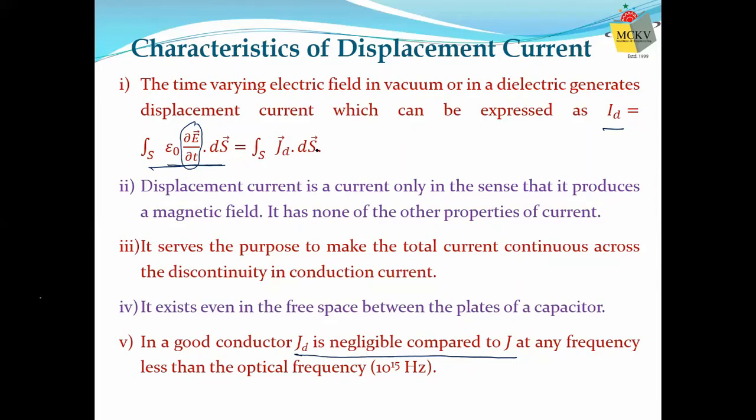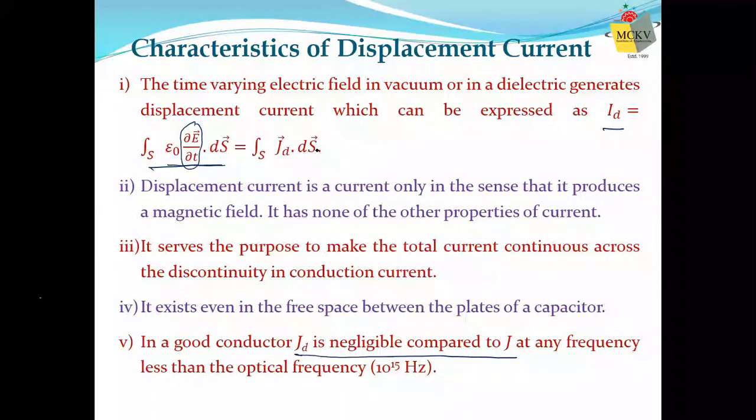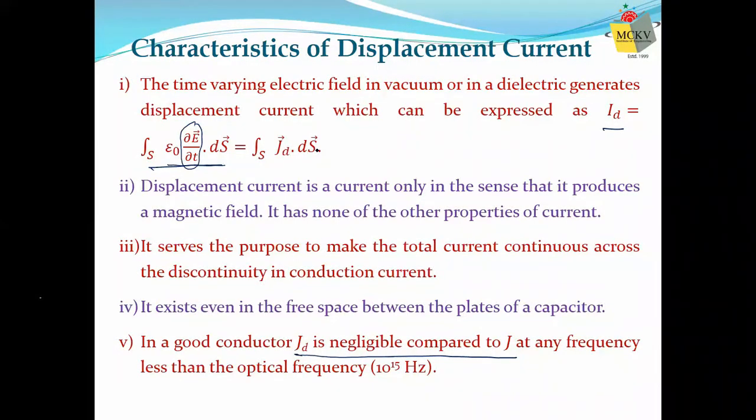That's why the scientists before Maxwell couldn't estimate it experimentally. Maxwell did because he did it theoretically. Theoretically, he could predict that there must be something present. So how will you observe whether this epsilon naught del E/del t is present or not? Go beyond conduction.